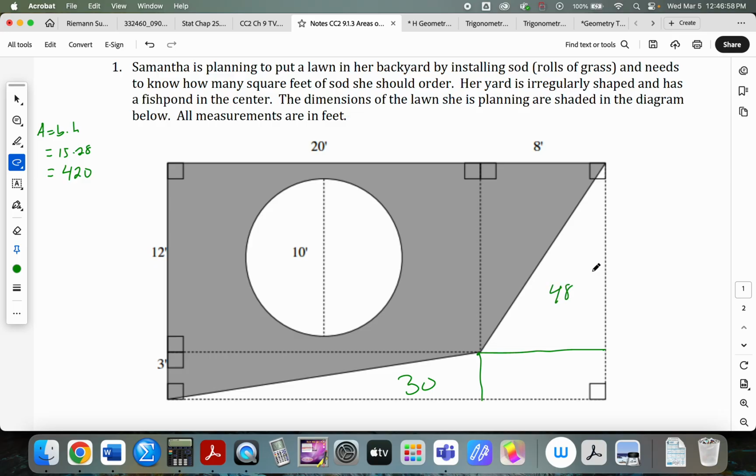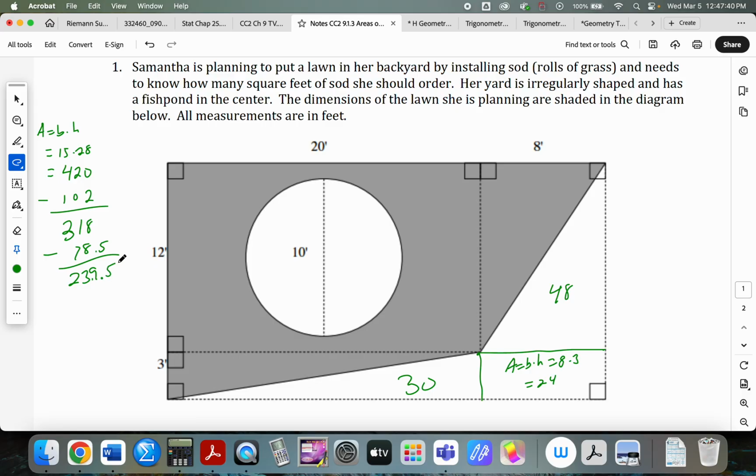That's 1 point in favor of not doing it as a trapezoid. And then this one is 8 times 3, which is 24. So adding those together, that's 78, 88, 98, 102. So that would be 318 minus the area of the circle, which you guys said was 78.5, and we end up with the 239.5.